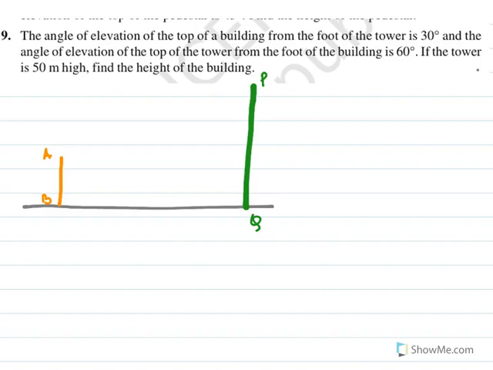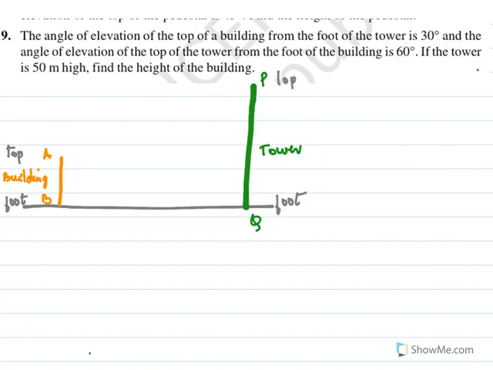Now we require foot and top of the building and the tower. So we'll just write down now here. This is foot of the building. Remember, this is building. And here is a tower. First, we'll just focus on drawing the diagram properly. Foot of the building, and this is top of the building.